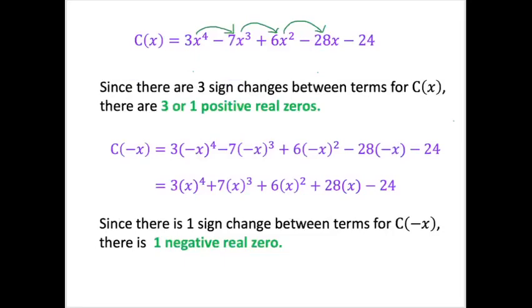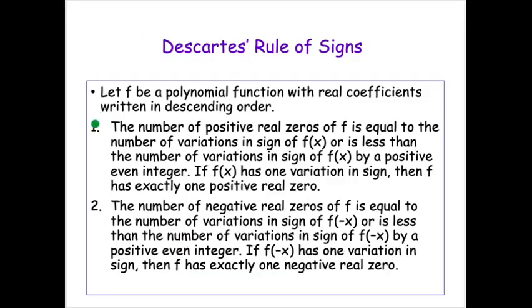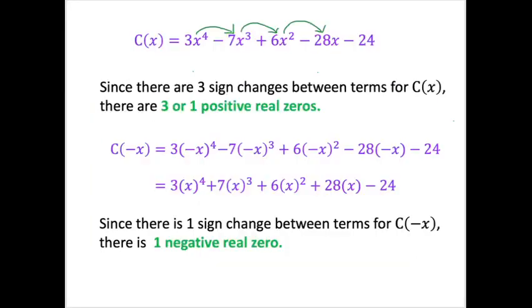So let's go ahead and apply Descartes' rule of signs. We're going to first find the number of positive real zeros of f. For this one, we don't have to change the polynomial at all. We're just going to look at the polynomial c of x and look at sign changes between terms. Notice that here we changed from positive to negative. Here we changed negative to positive.